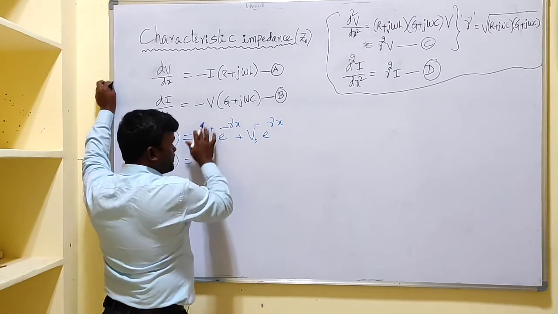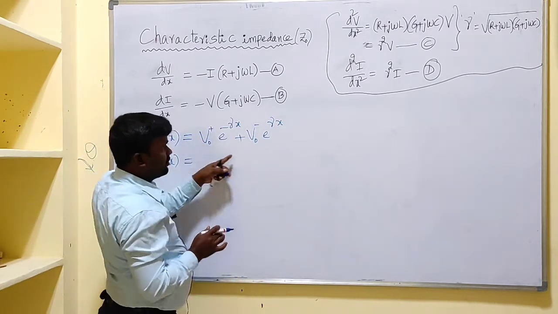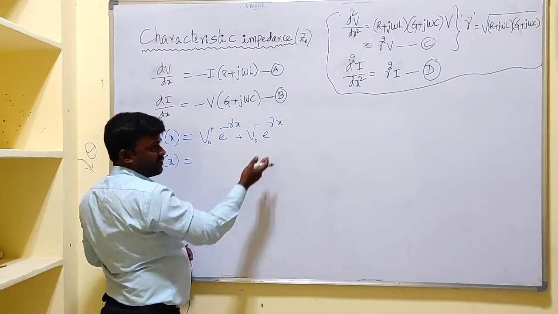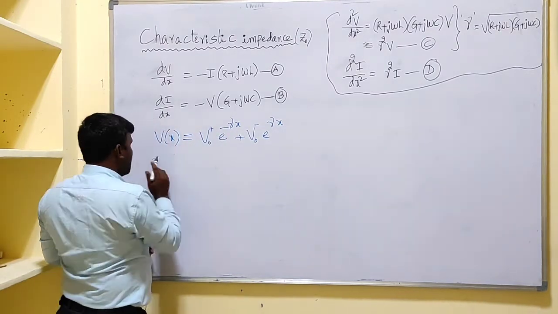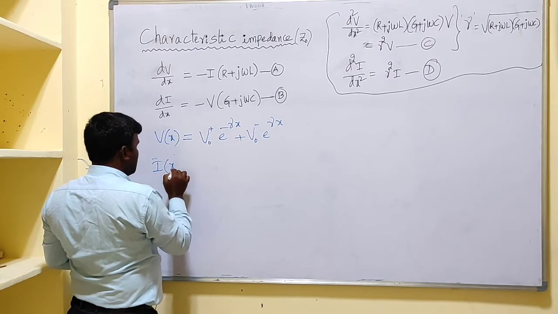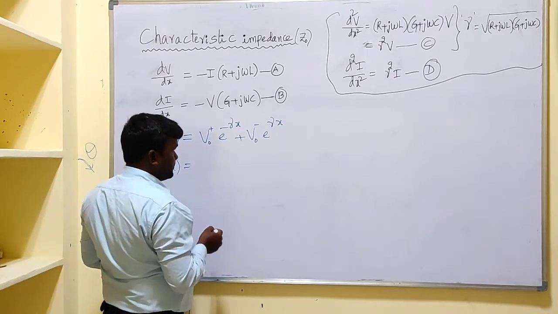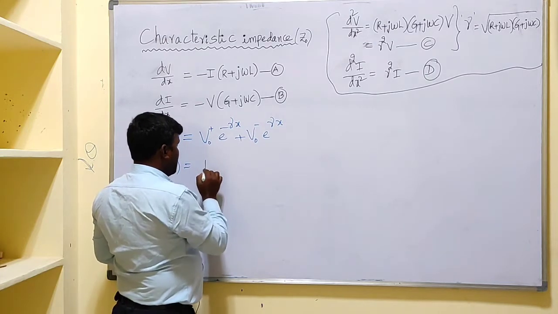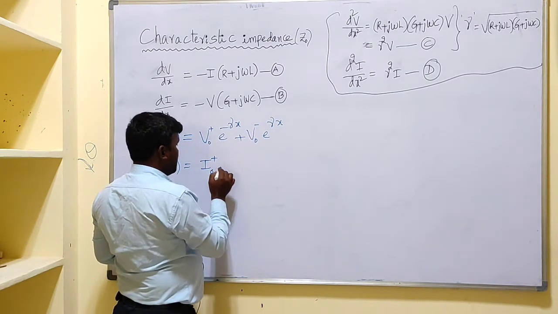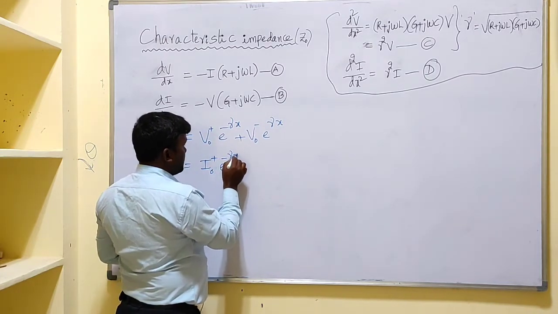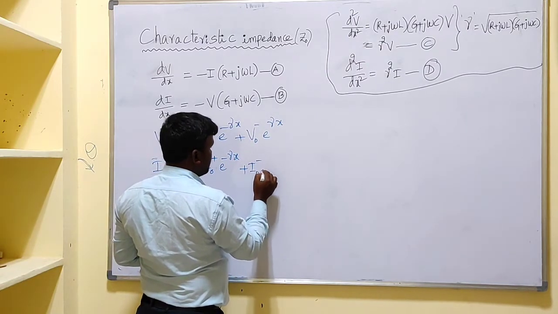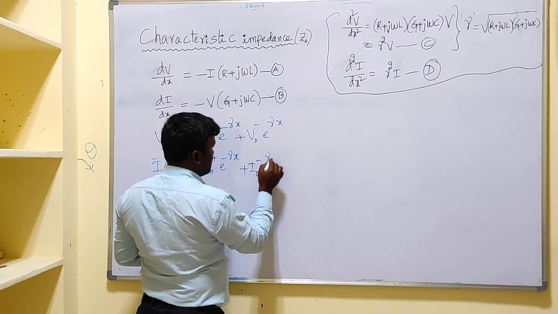The first one is the forward wave, the incident voltage, and the second one is the reverse wave, the reflected voltage. Similarly, I of x equals I0 plus into e to the power minus gamma x plus I0 minus into e to the power gamma x.